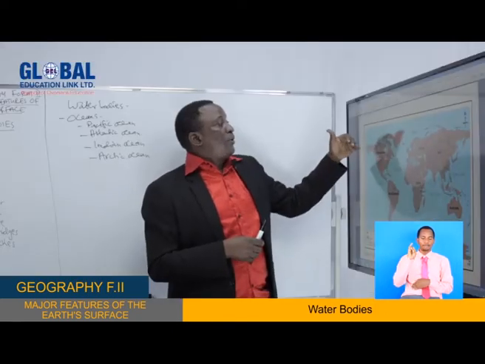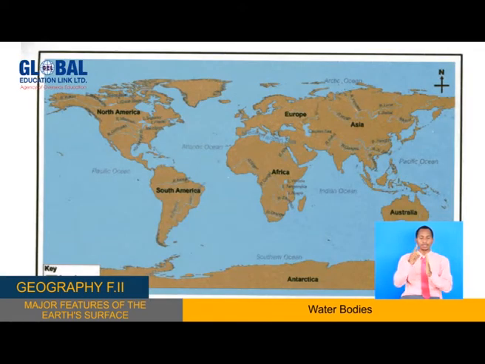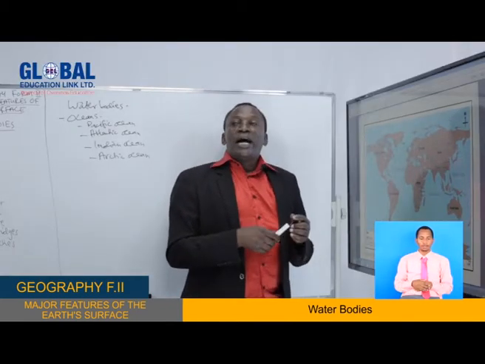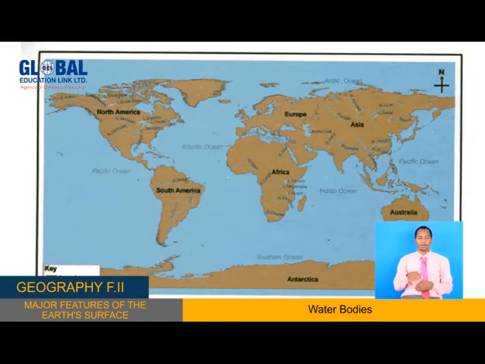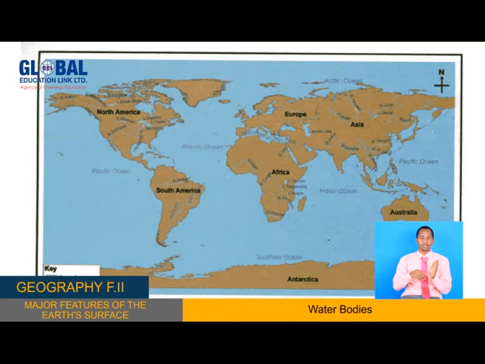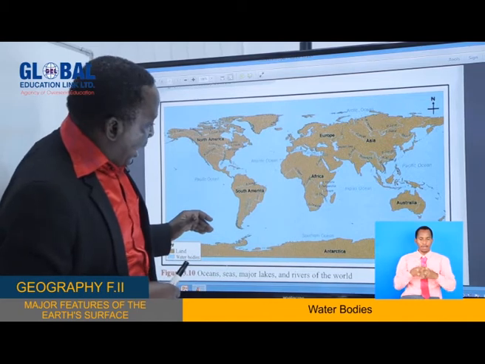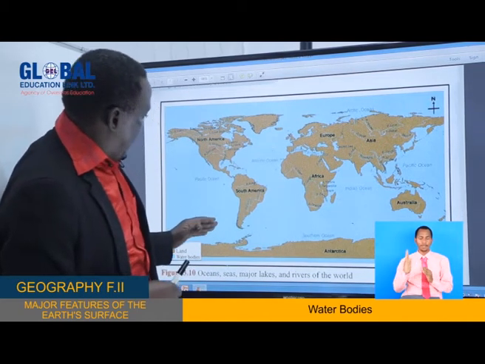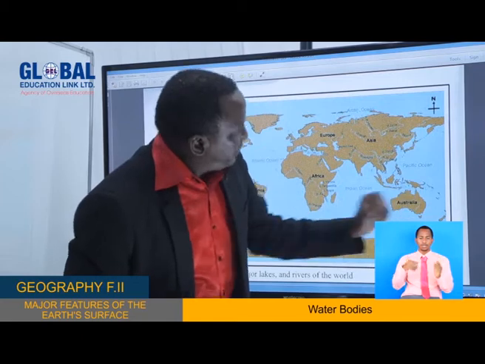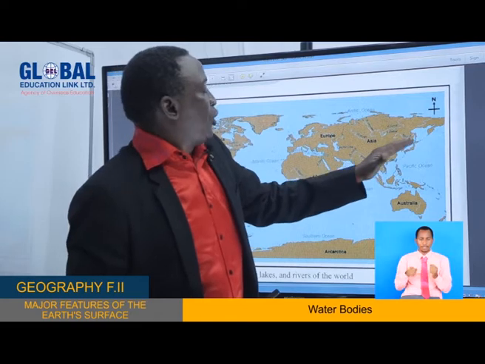It runs from the north to the south, and it covers a surface area of about 168 million square kilometers. From the north it is bordered by North America, and it goes to the south and meets the Antarctic continent, while in the west it is bordered by Australia and the Asian continent.